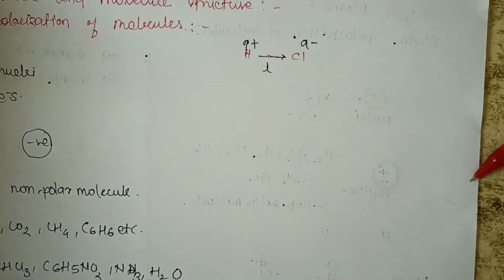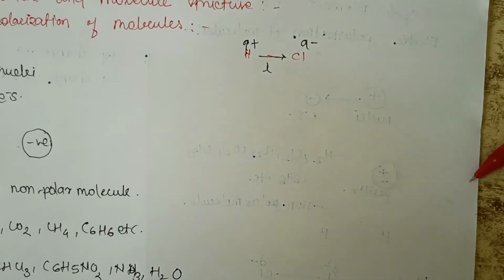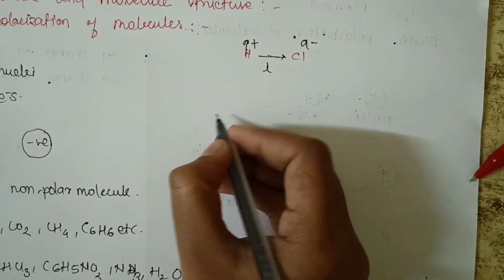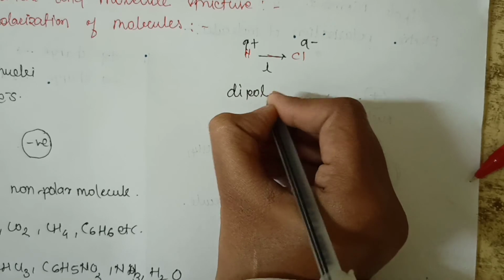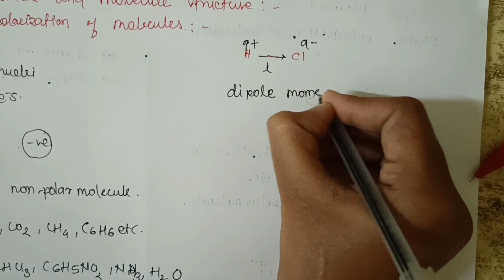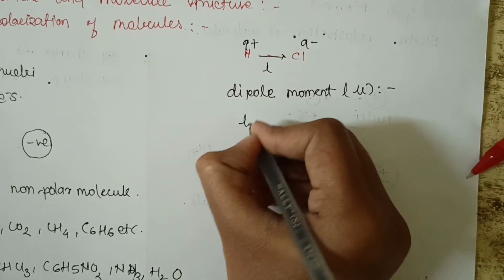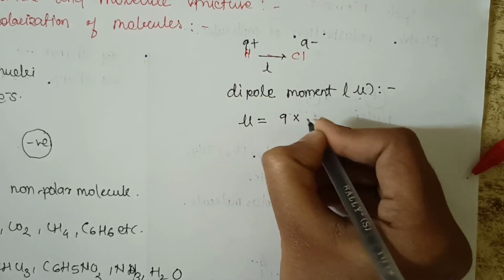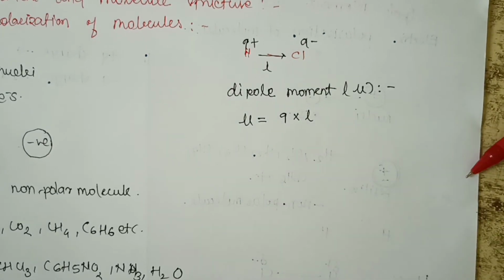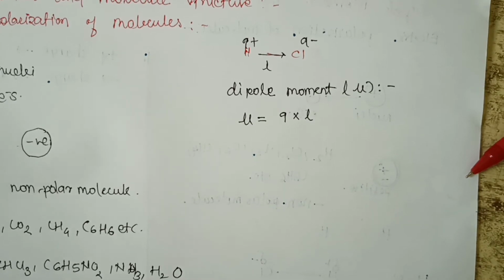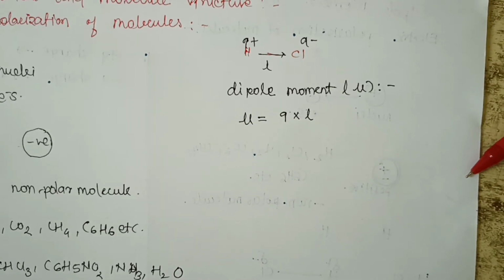A polar molecule possesses a permanent electrical moment called the dipole moment, denoted by mu, and given by mu equal to q, the charge, times the distance L. The definition of dipole moment is a vector equal in magnitude to the product of electrical charge q and distance L, having the direction of the line joining the positive and negative centers.